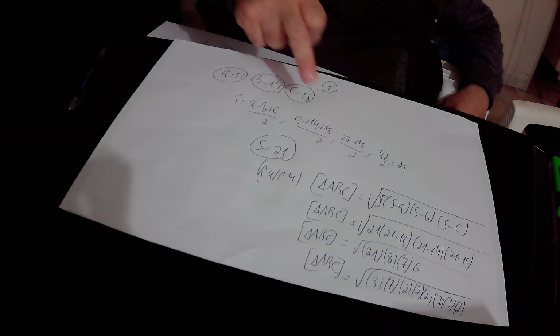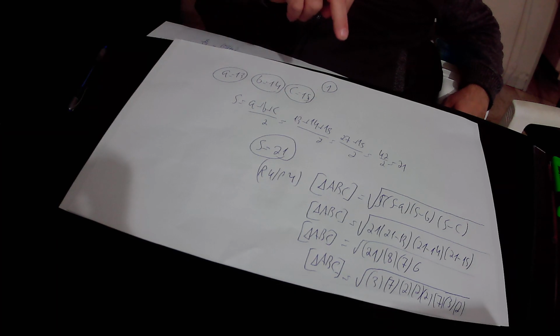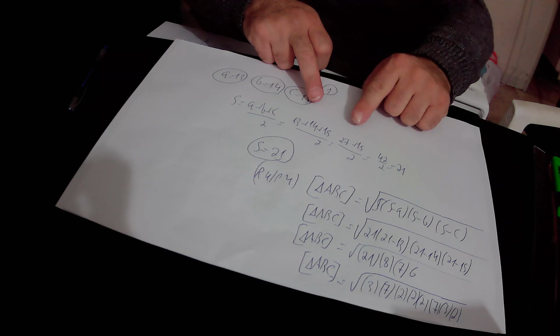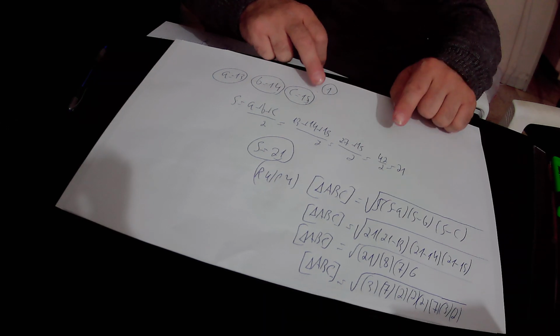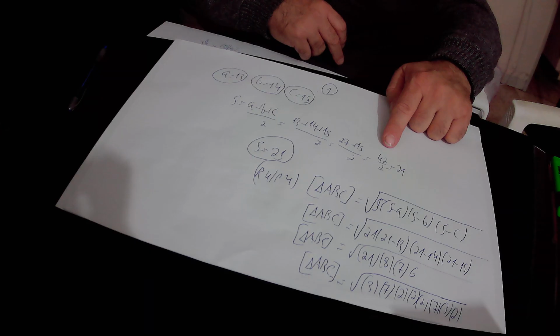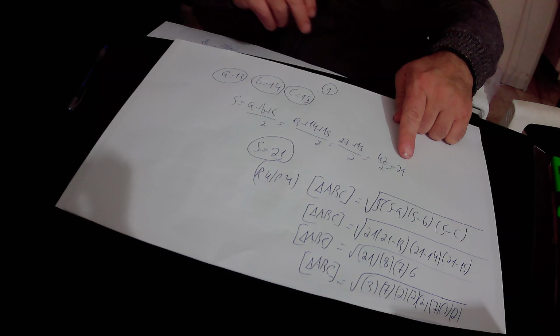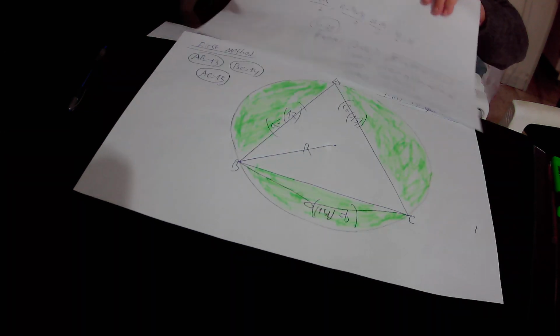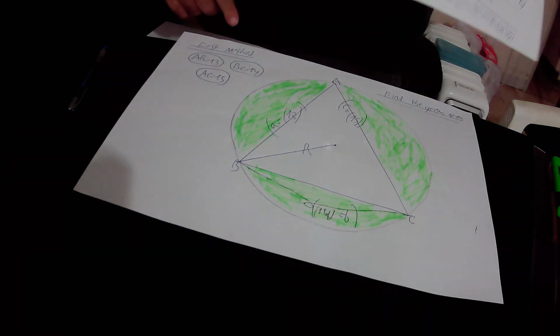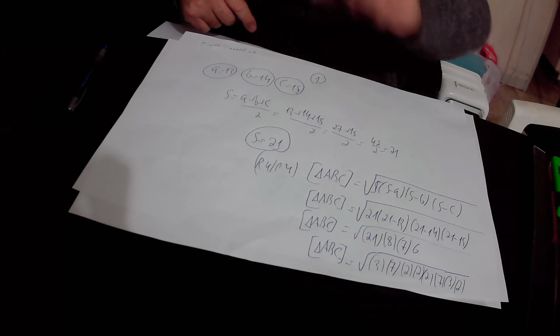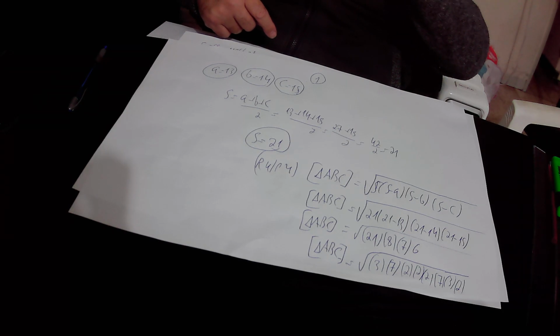When we divide by 2, we get the semi-perimeter S. 13 plus 14 is 27, plus 15 is 42, and 42 over 2 is 21. So in conclusion, the semi-perimeter S equals 21 units.